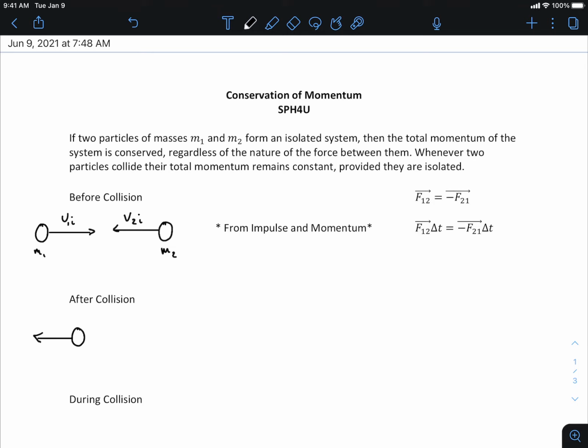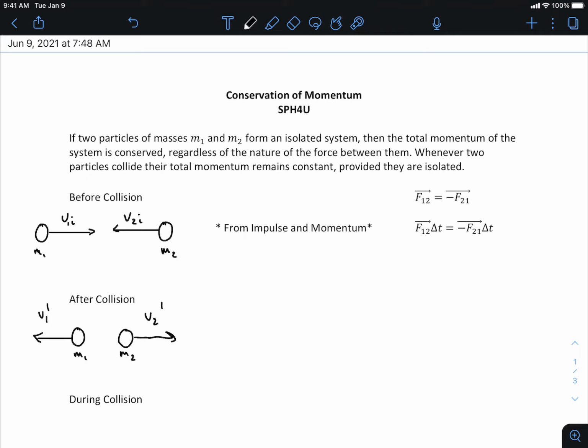We'll call this m1 again, and we'll call this v1 but final, or prime. And then m2 is going to be moving to the right with some velocity v2 prime afterwards. And this is m2. So that's what's happened before and after.